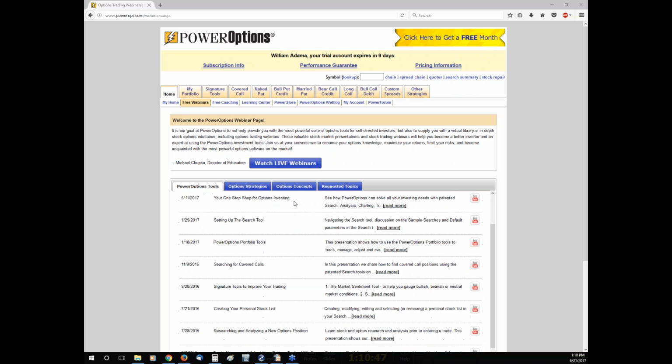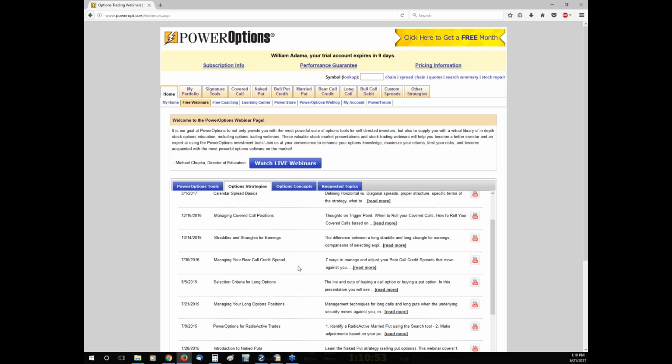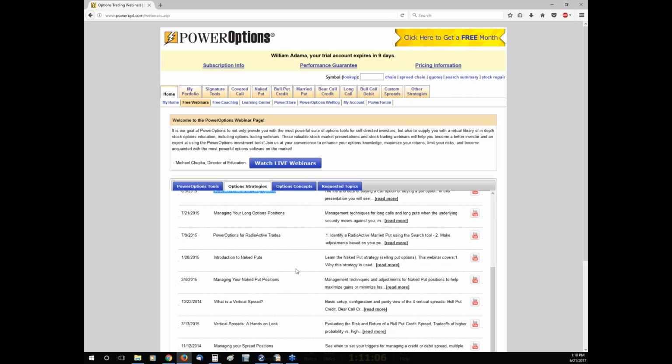In our option strategy section, I show you what criteria that I recommend for calendar spreads, selection criteria for buying call options or buying put options. So you can see there what I'd set for bullish or bearish criteria using the Power Options tools and what makes the most sense.